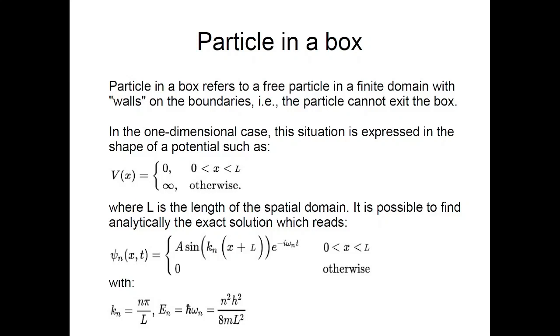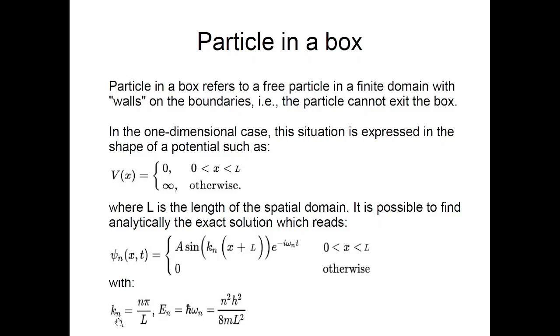And as you can see, in this particular case, we don't have only one exact solution, but an ensemble, a set of exact solutions, which are parameterized through this discrete variable n, an integer. For every integer, n equal 1, 2, and so on, you can define every time a new kn.